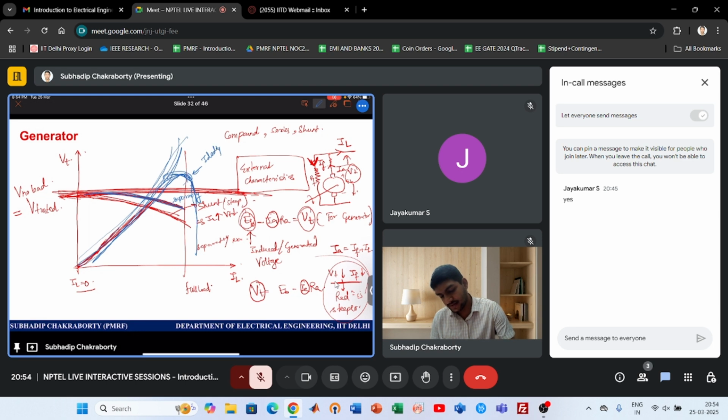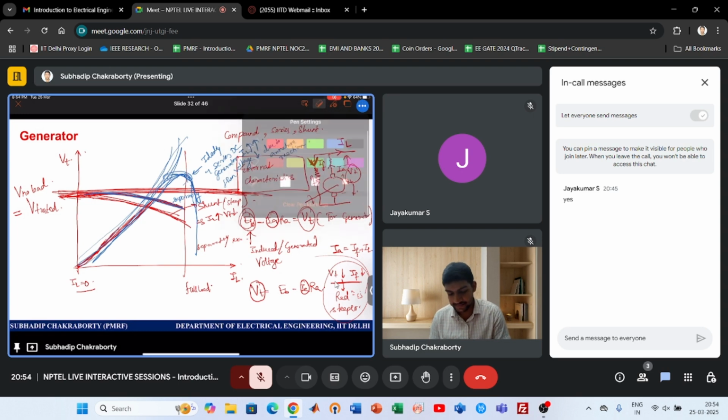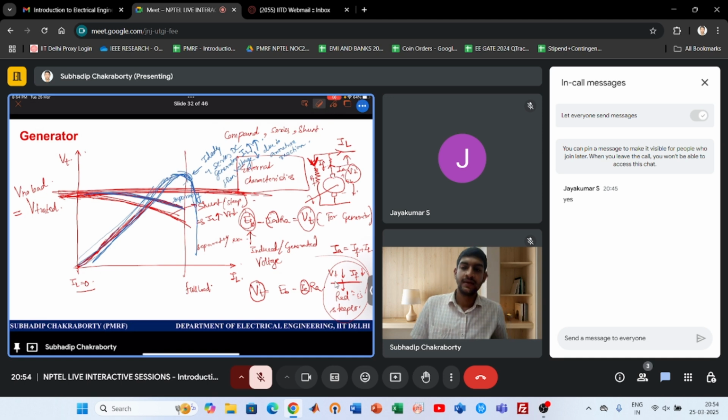Ideally a series DC generator, if IL is too high, then voltage reduces due to armature reaction. Got my point, right? It will not increase up to infinity. Up to some point the voltage will increase. Then it will steeply reduce because armature reaction will start playing a role, and the voltage will slowly start to reduce.